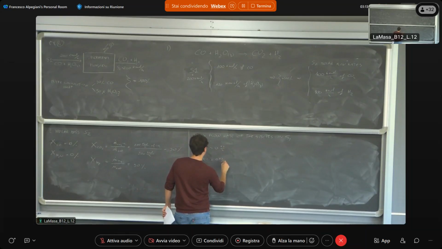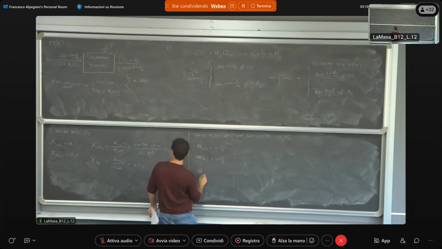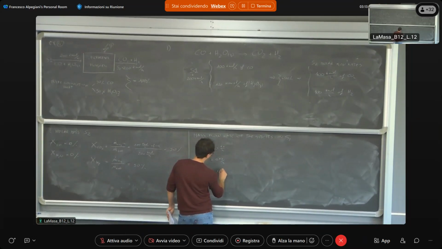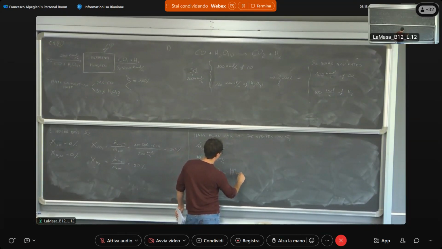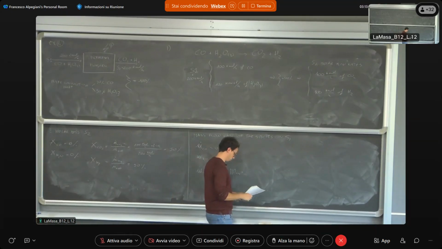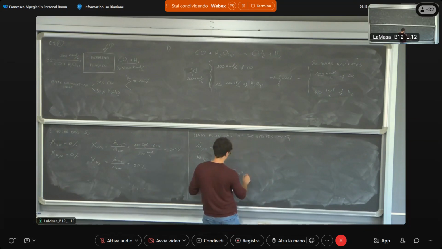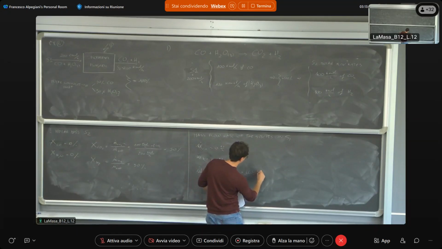And then the mass flow rate of the CO2 will be equal to the molar flow rate N of CO2 times the molar mass of the CO2, and this comes equal to 4,401 kg/h.